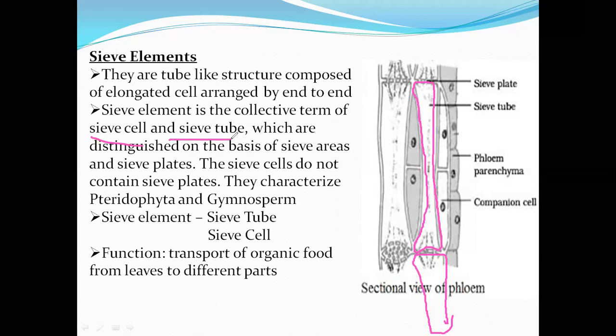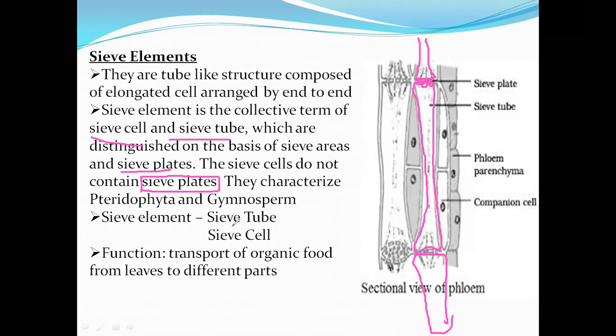Sieve tube and sieve cell are distinguished on the basis of sieve areas and sieve plate only. In the sieve tube we will find some sieve plates. Through this sieve plate, one tube is connected to the next tube. But in the sieve cells there is no sieve plate.